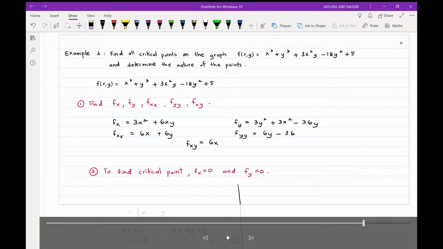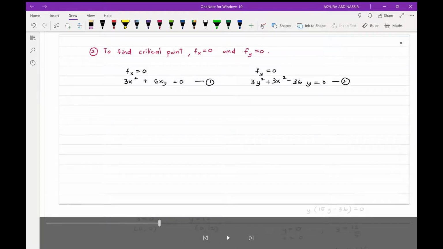Okay, next to find the critical point, we will set your fx equals to 0 and your fy equals to 0. Okay, we will see whether you can simplify these two equations. Your first equation, you can factorize your x and y, right? So you can simplify your first equation.